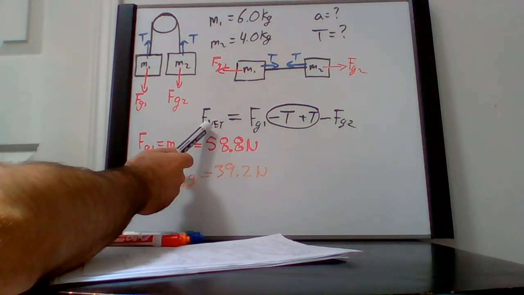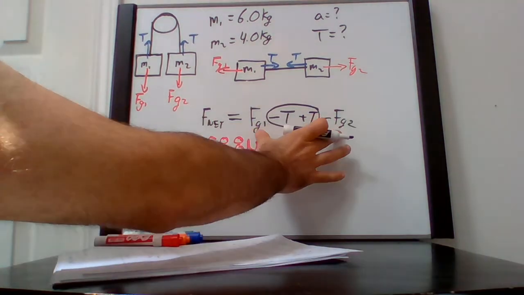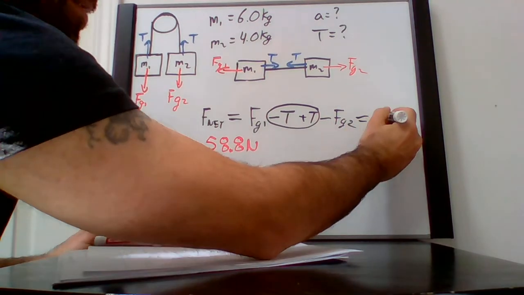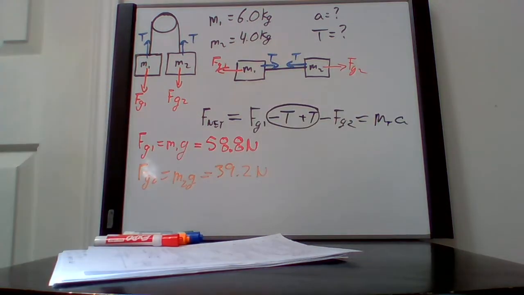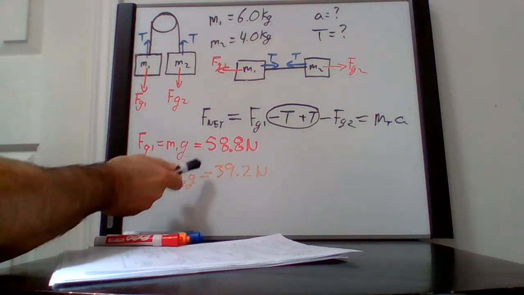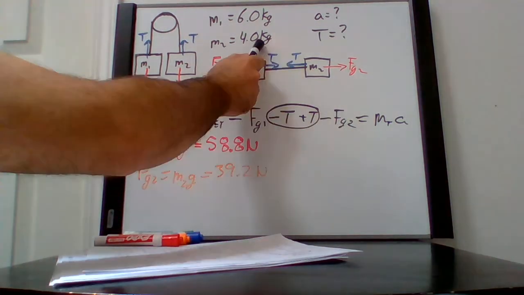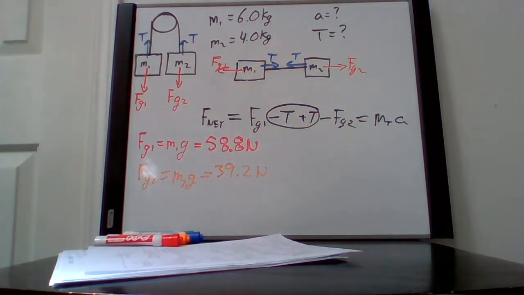Now this question was wanting to know what the acceleration was. Well, F net, we broke down those individual forces, but we want to remember what F net is. F net is just the total mass times acceleration. So I have an Fg1, I have an Fg2, I have my total mass being 10 kilograms, so I can solve for my acceleration.